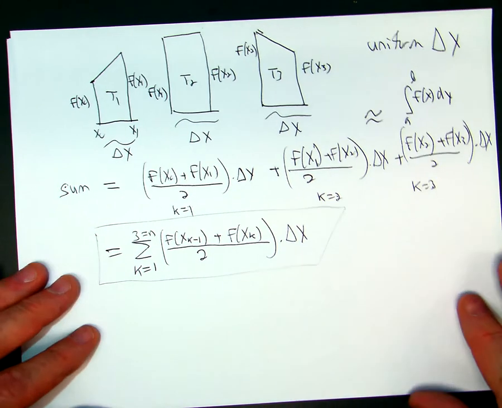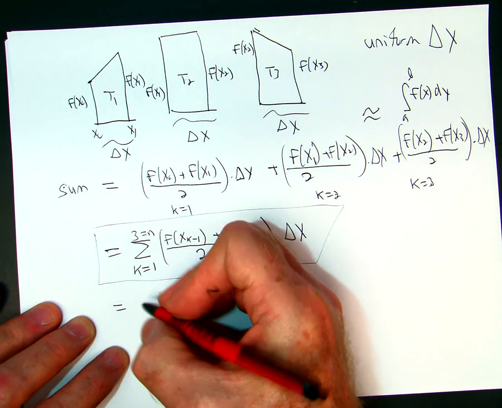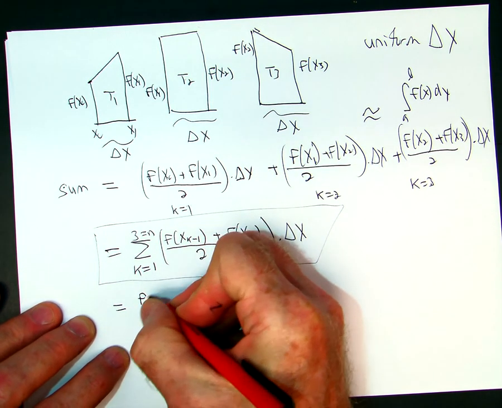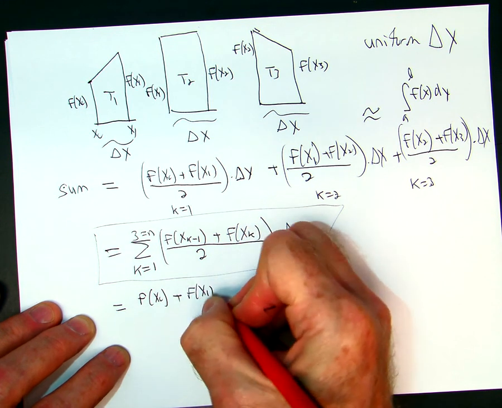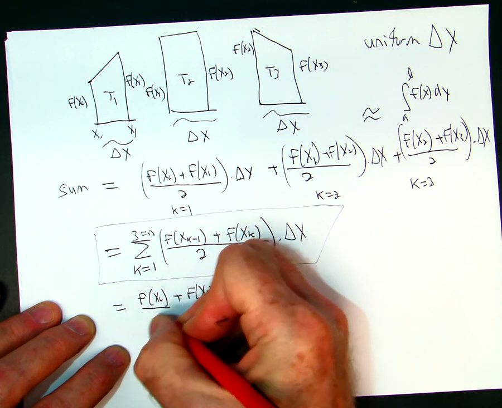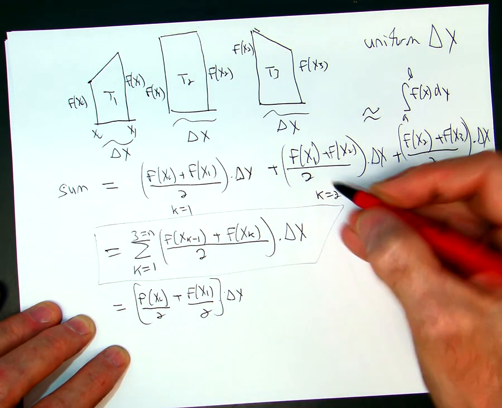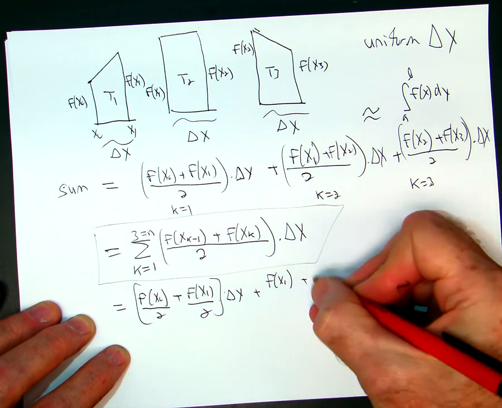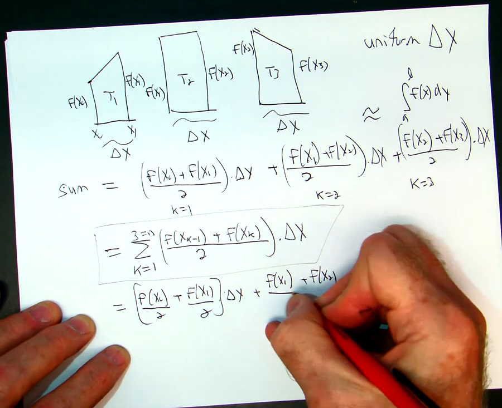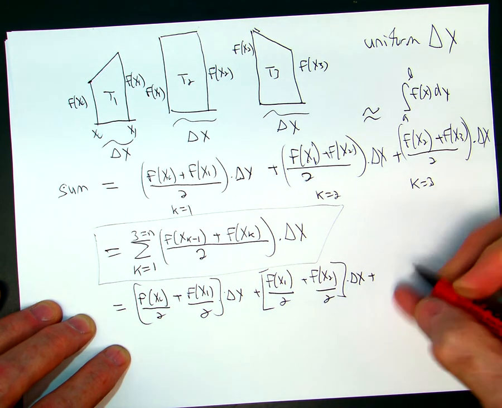Okay, so I'm going to take this sum and I'm going to unravel it here. I get f of x0 plus f of x1 over 2, each of these over 2, times delta x. Same thing here, over 2 times delta x, and so forth.